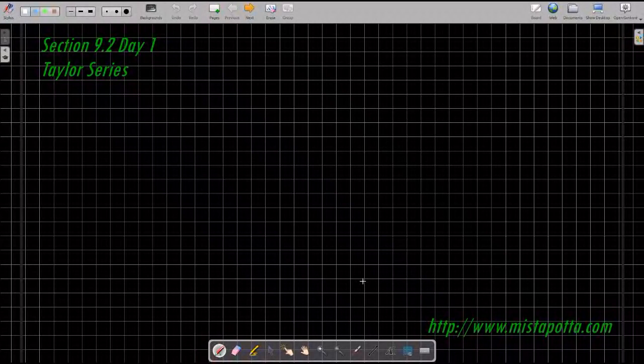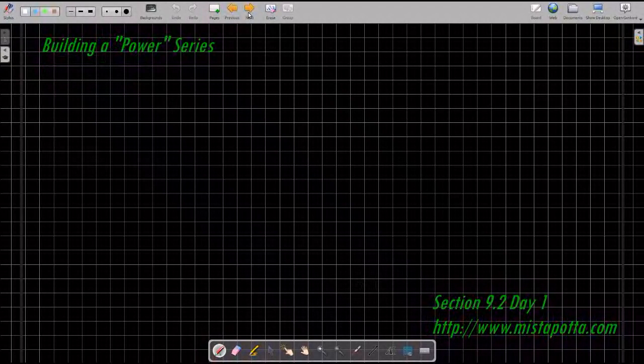We were also able to produce a trigonometric function. And, you know, it would really be nice if we could come up with some type of polynomial approximation for virtually any function. And that's what we're going to be talking about today.